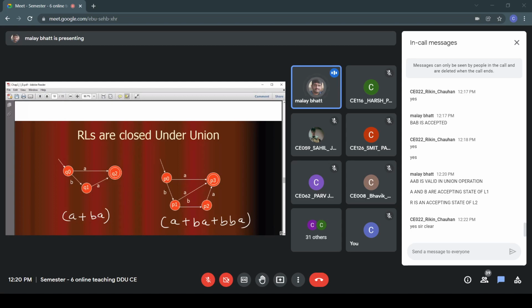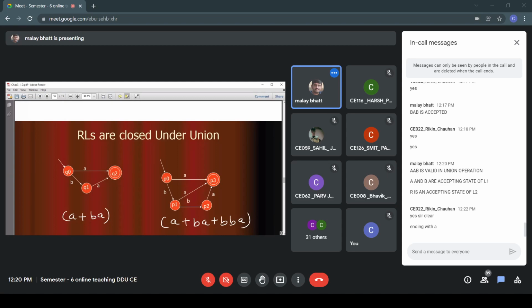Which strings are accepted by this union operation?